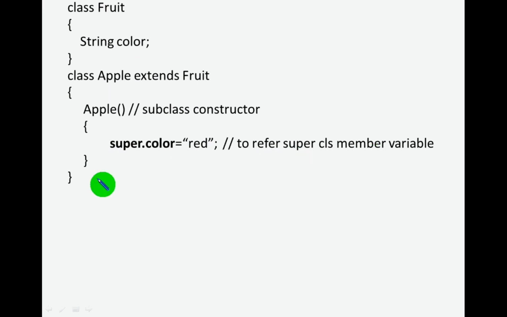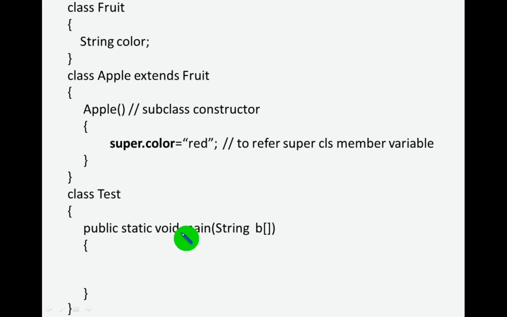Next, we are going to define a Test class, which contains the main method. Within this main method, we are going to create an object for which class? Yes, for this subclass Apple. How to create an object in Java?